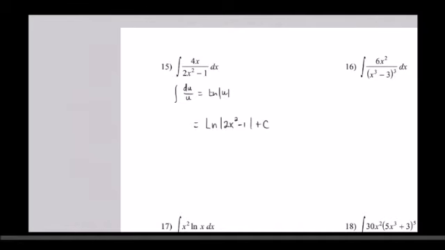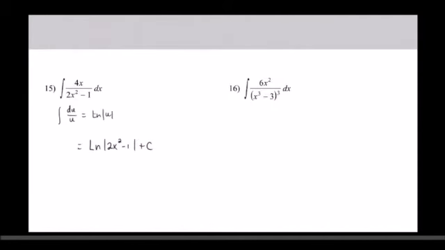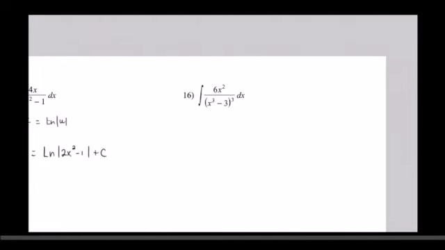Now 16, we have an inside function and an outside function there. So often when there's inside functions and outside functions, we try to use the general power rule, u to the n du, which isn't in the form of a fraction.